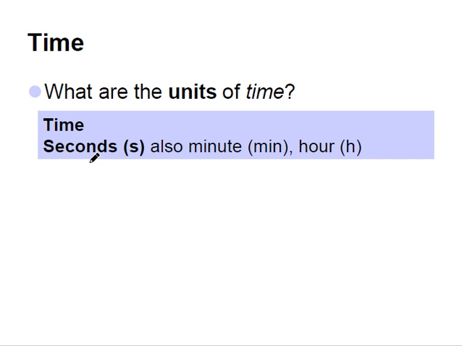When you have about 60 seconds, you've got 1 minute, and 60 of those minutes give you 1 hour. So the units of time are pretty standard across the systems. The basic units are seconds, minutes, and hours, the larger intervals.